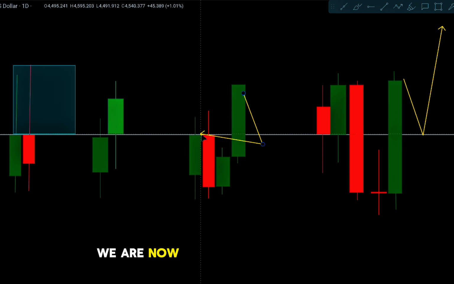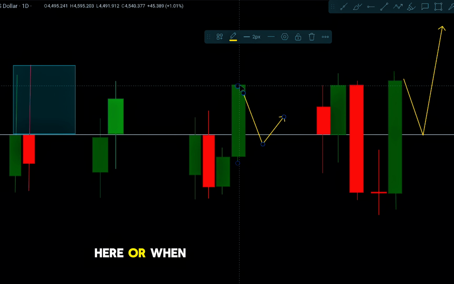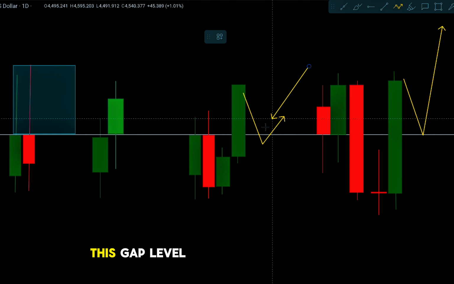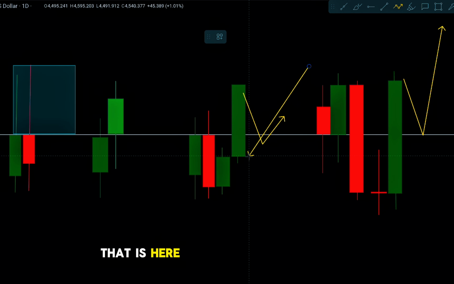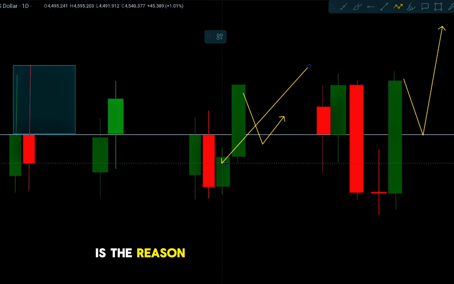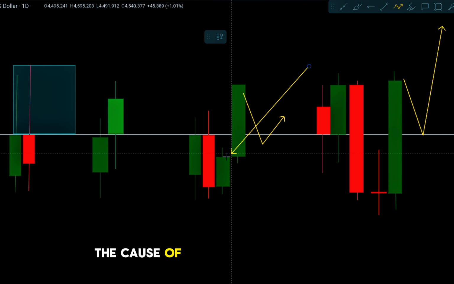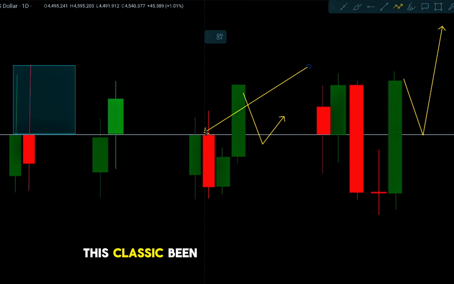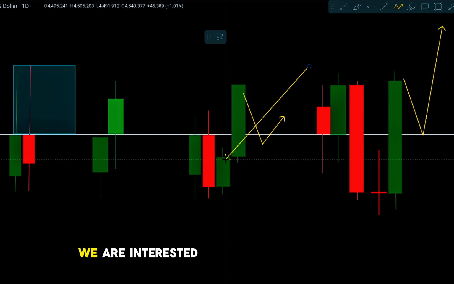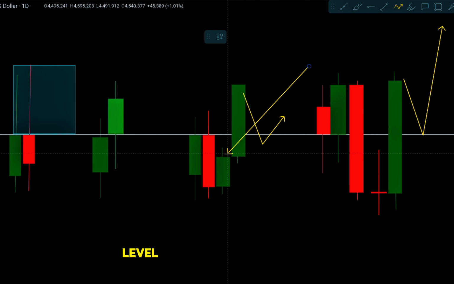Hence, we are now interested in buying the market when it comes here or when it comes to this level. This gap level that is here is the reason, the cause of this classic being broken. So we are interested in this BO level and then the gap level that is here.